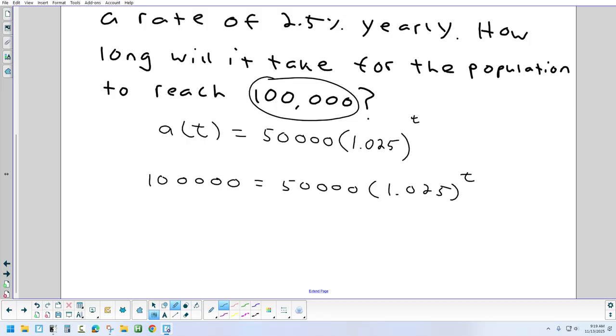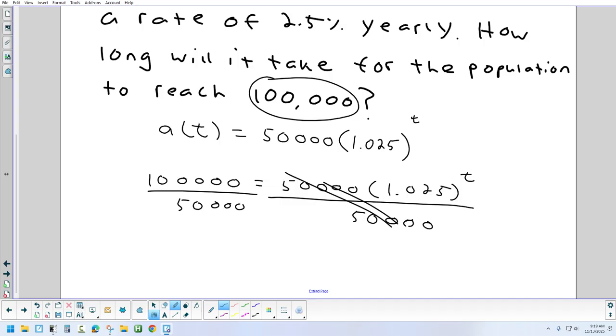Anybody have a guess what my first step could be to start to get the t by itself? Divide each side by 50,000. And now this step we could have done before we knew logs. Right? Just divide each side by 50,000.